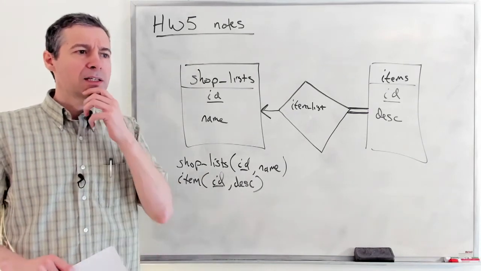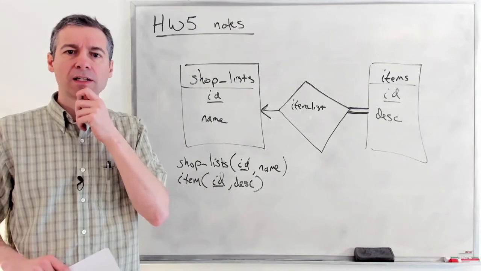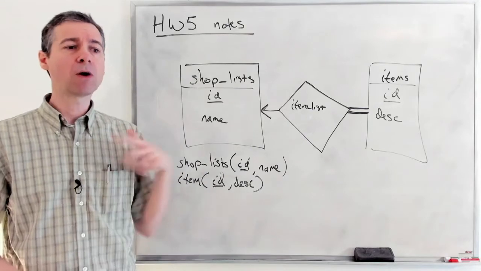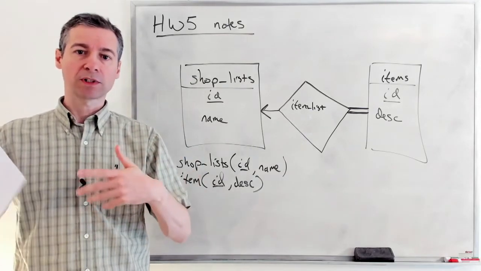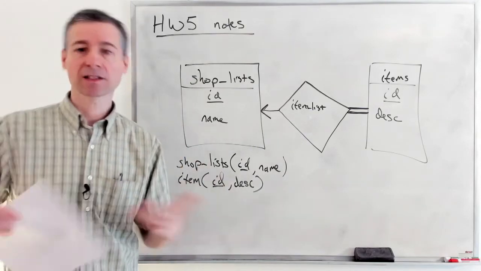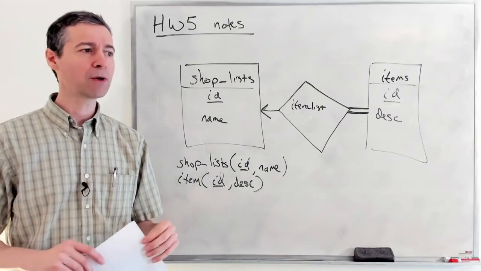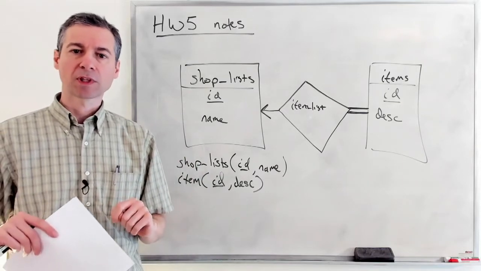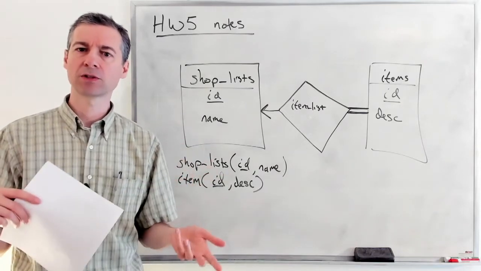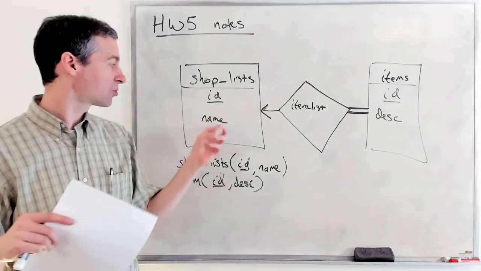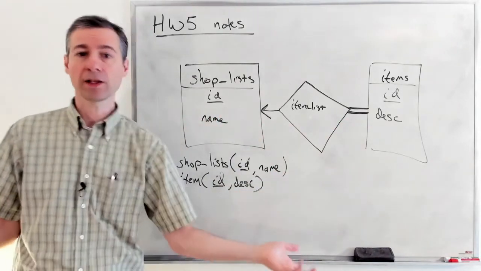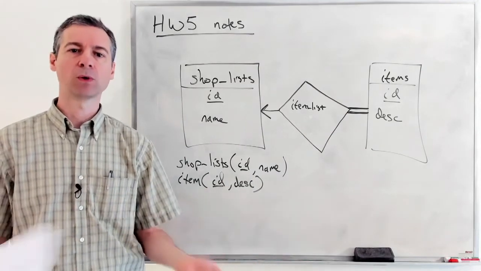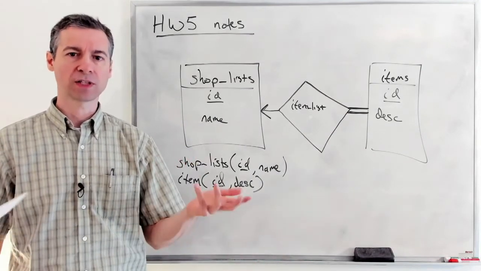Oh, I need to be able to specify what the primary key is. Oh, I can do that here. Oh, I need to note what the foreign key constraints are. That's how I do the foreign key constraints. Oh, how do I say something should be not null? There's how I do it. What's the type I should use for these strings? Oh, okay, there's the type that I should use. Not, please copy the whole doggone thing and change the names.